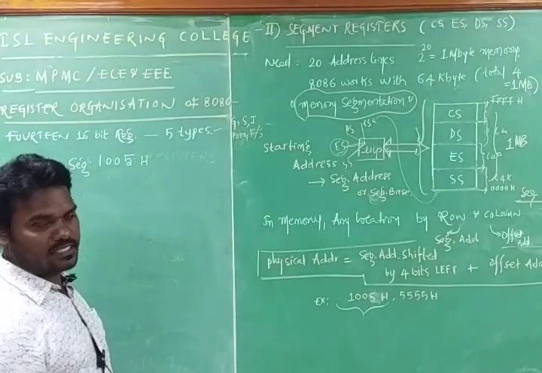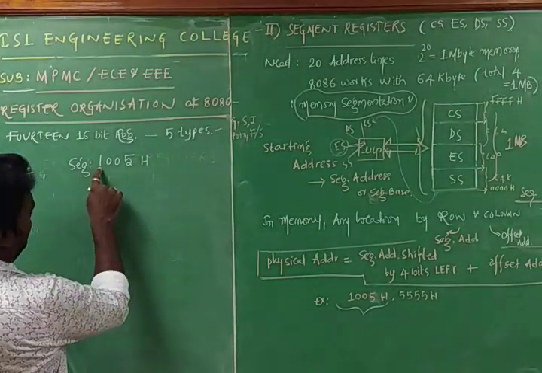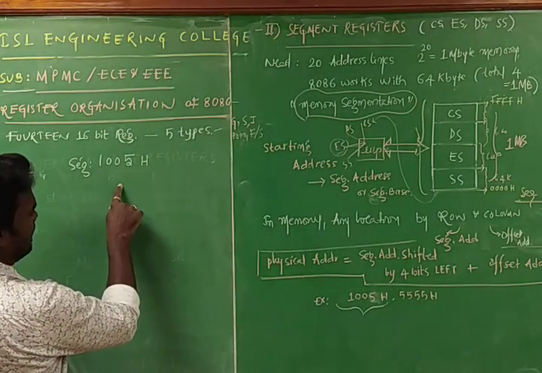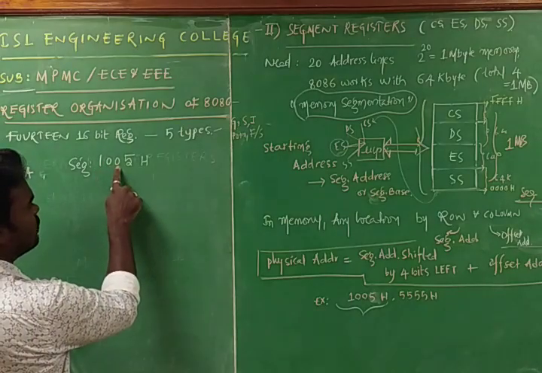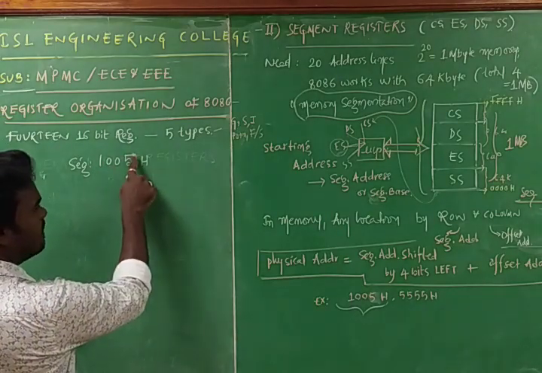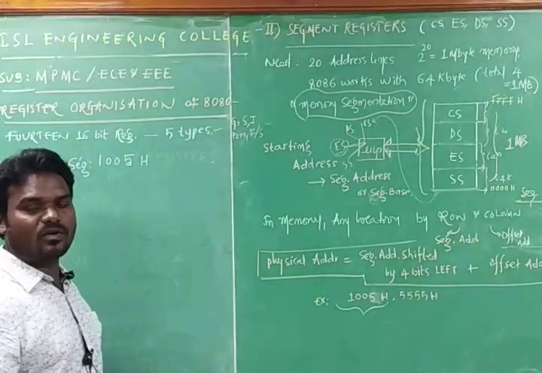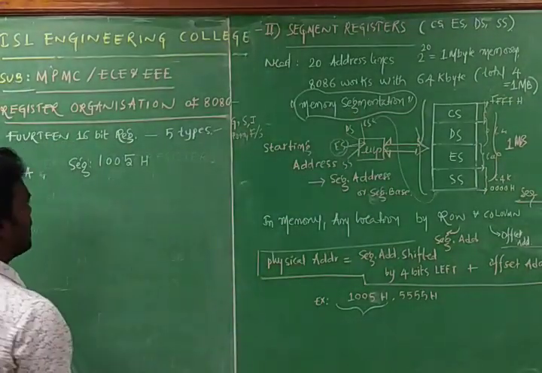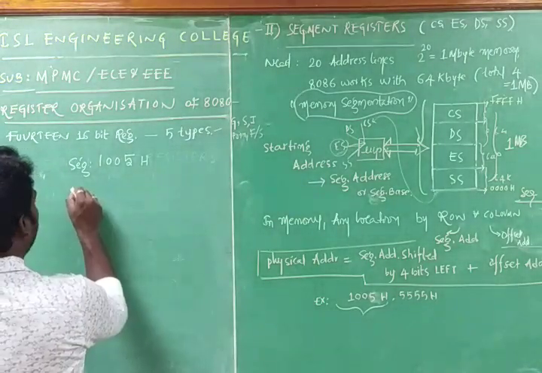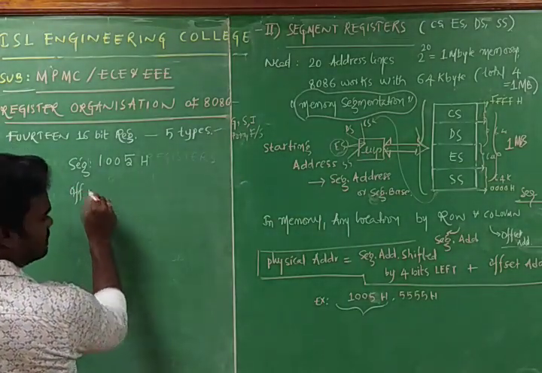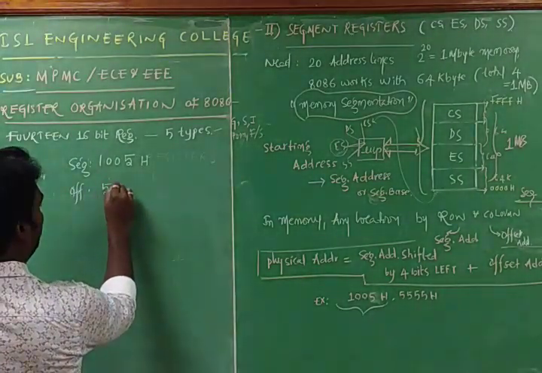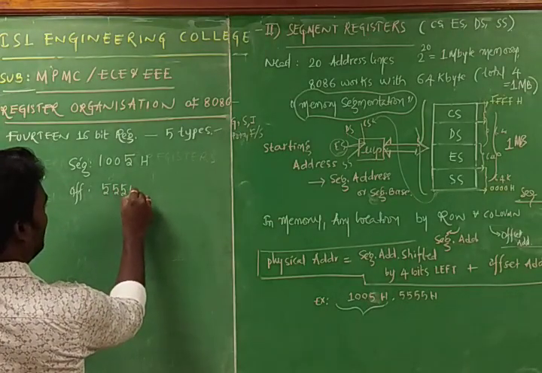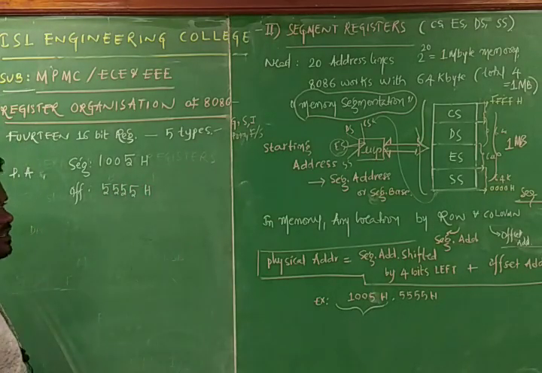Each digit is replaced with 4-bit binary data, 4 plus 4 plus 4 plus 4, total 16 bits, because the 8086 microprocessor is a 16-bit processor. The segment address is 1005H, and the offset address we took is 5555H. We need to calculate the physical address.